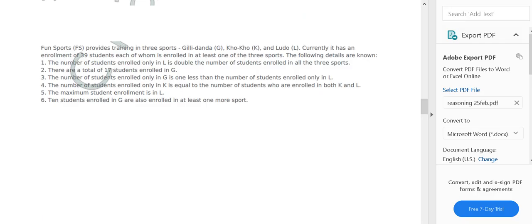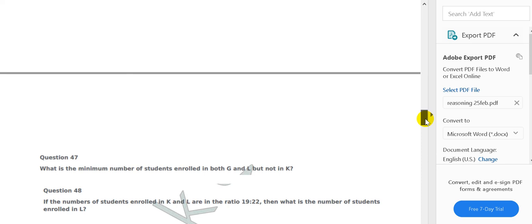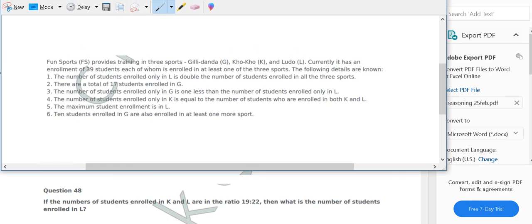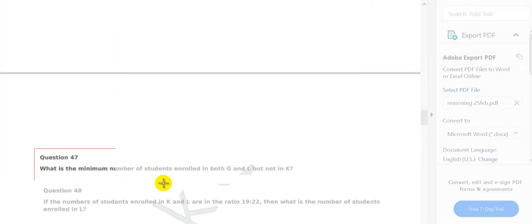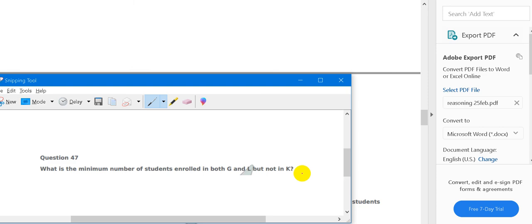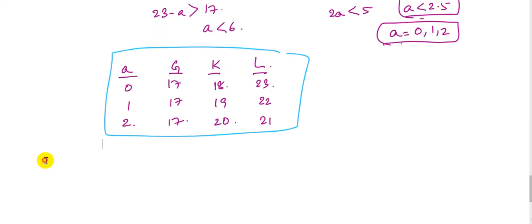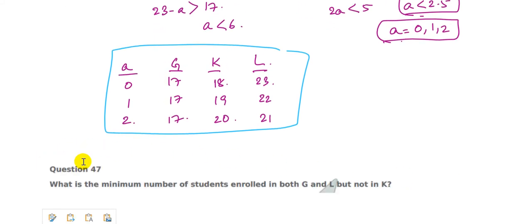Now let me go to the questions. What is the minimum number of students enrolled in both G and L but not K?